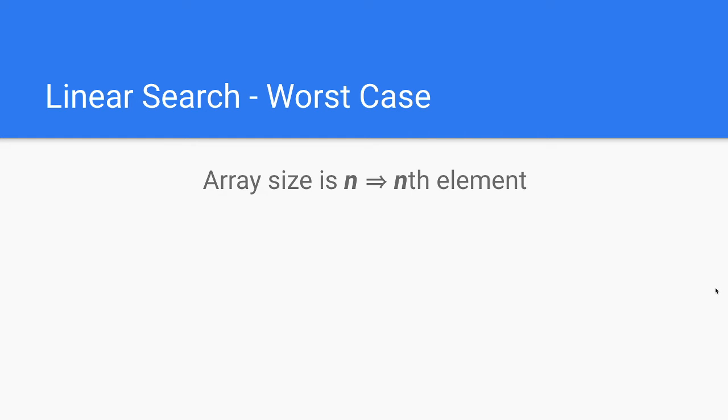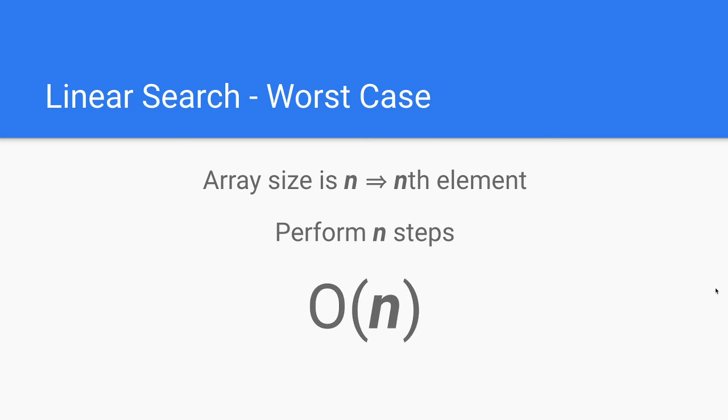We can generalize it to say that for an array of size n, linear search will perform n steps in worst case scenario. If we want to represent this using big O notation, then simply we will say big O of n.